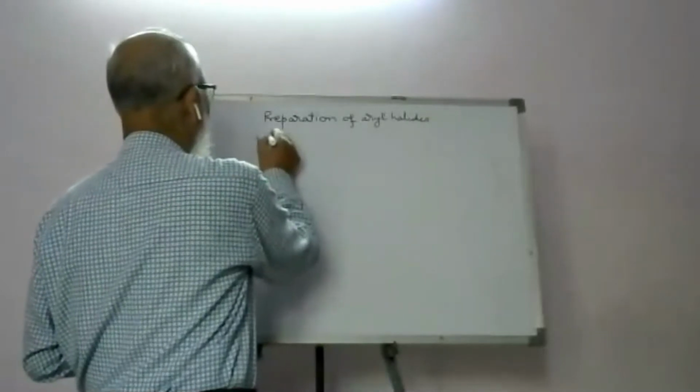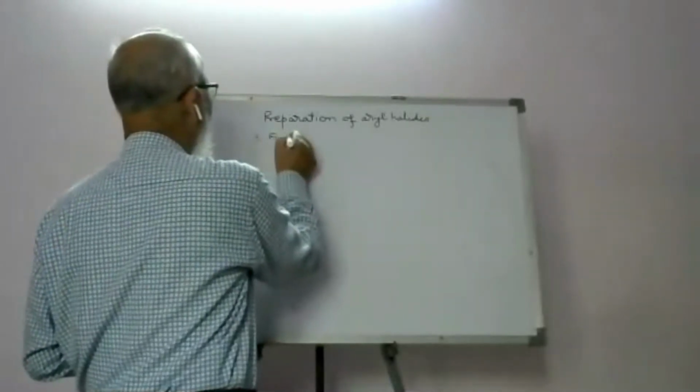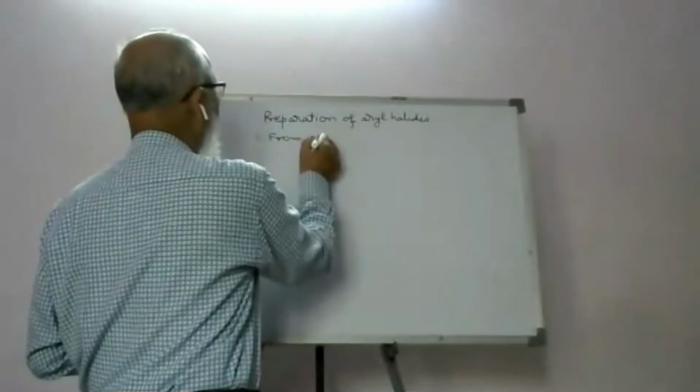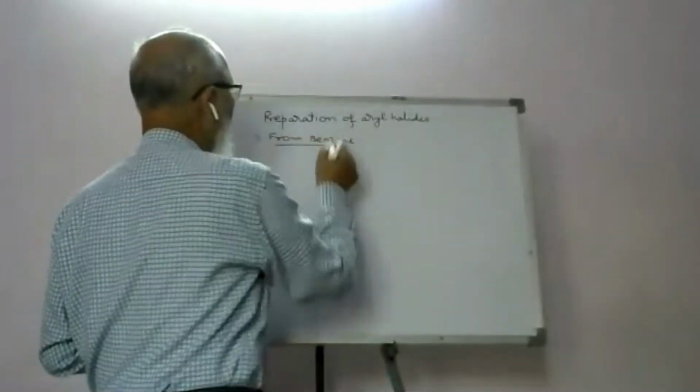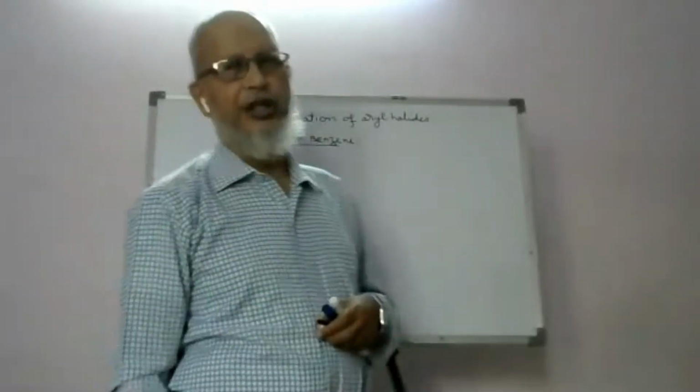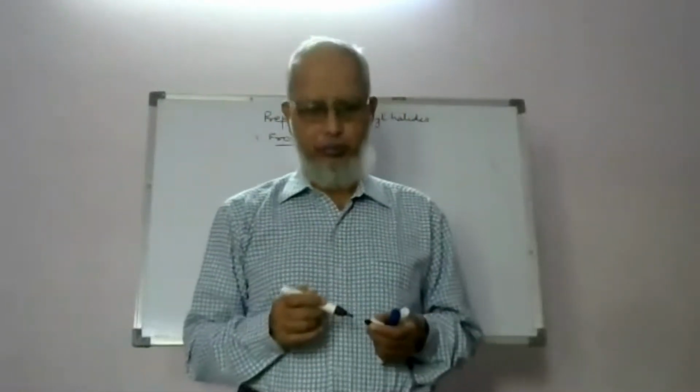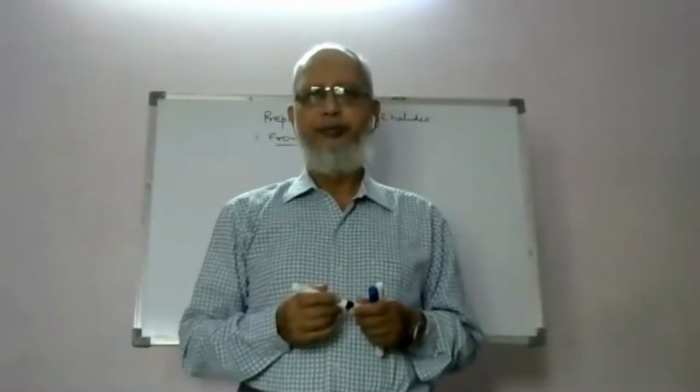First is from benzene. We can prepare chlorobenzene, bromobenzene, as well as iodobenzene directly from the benzene.